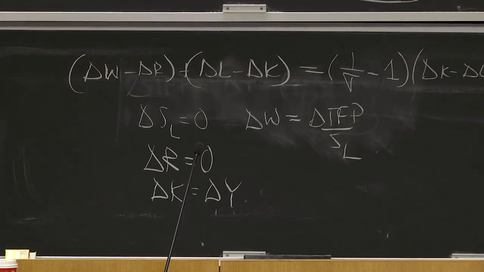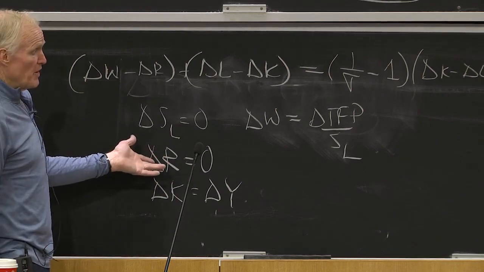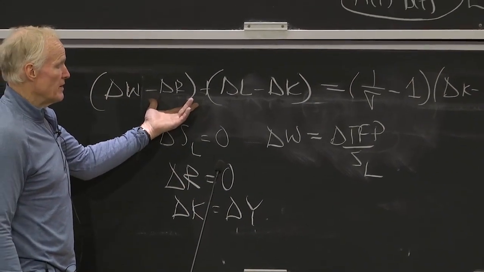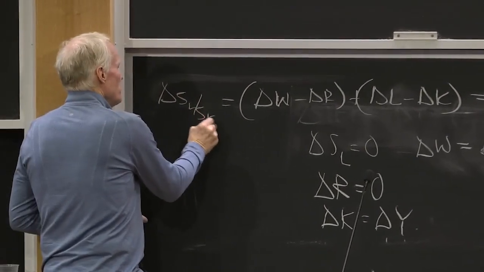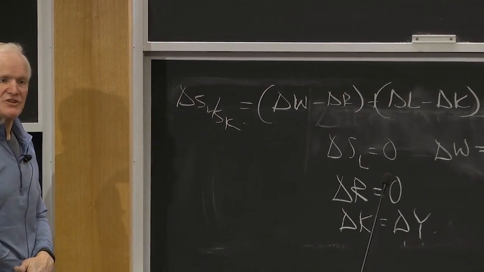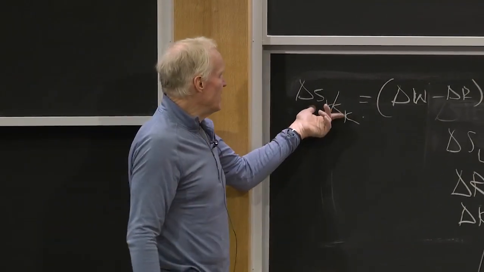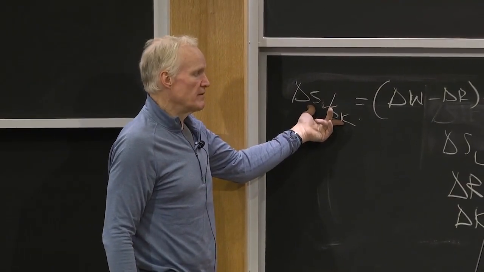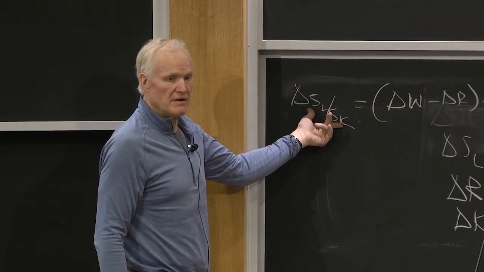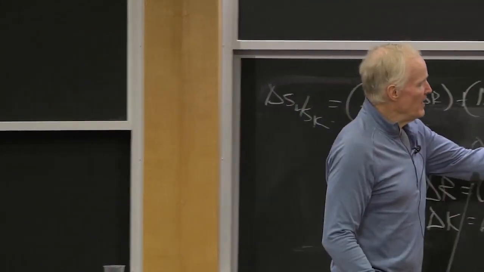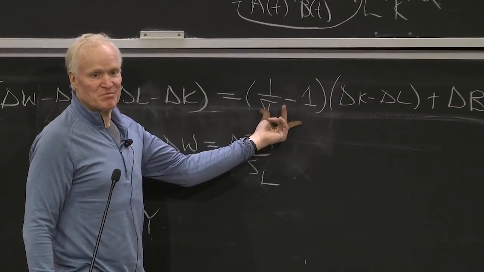But what if we saw an economy where labor share was falling? This is delta SL over SL, delta SL over SK falling. What would be the two explanations you have? Well, if sigma's 1, then there's only one explanation, right?